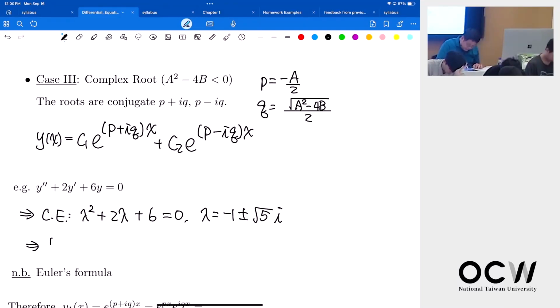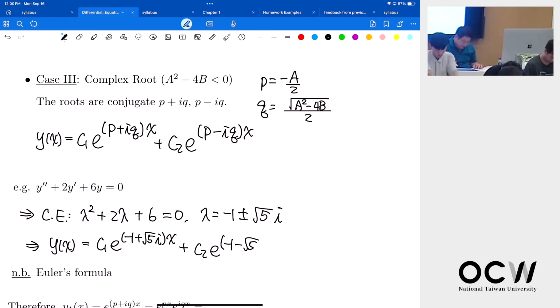So we have the general solution C1 e to the (minus 1 plus square root of 5 i)x plus C2 e to the (minus 1 minus square root of 5 i)x.